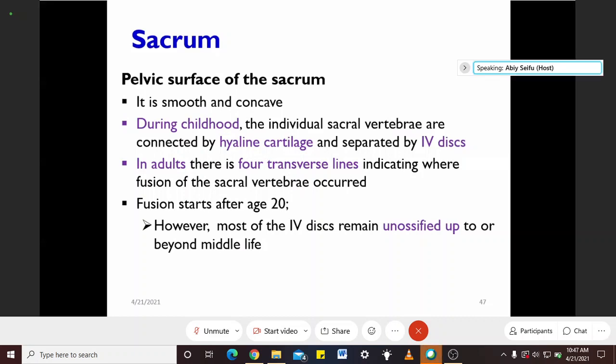As we have said before, the sacrum is formed by the fusion of five separate vertebrae, but in between them there is an intervertebral disc. This intervertebral disc is fused at adult stage and forms bone. In the adult, the sites of fusion of the intervertebral disc with the other parts of the sacral bones are marked as a smooth ridge or line, which is visible at the anterior surface.